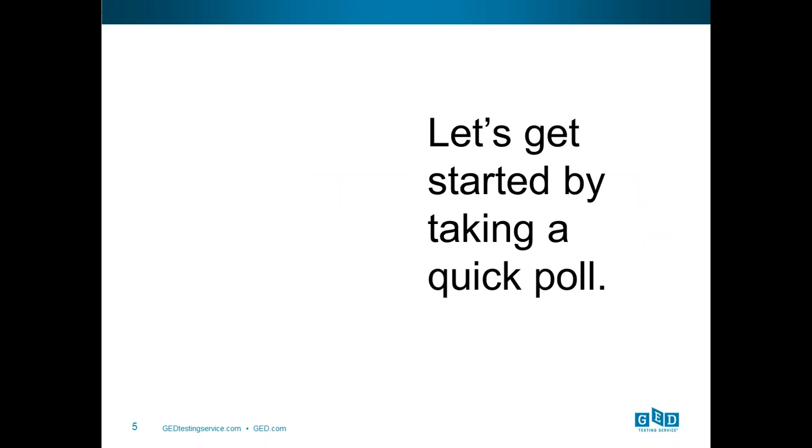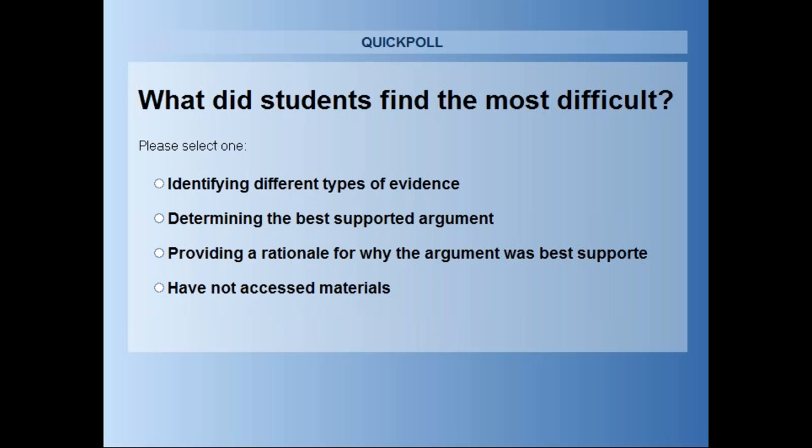Let's do another one, because even those of you who did not access the materials know that sometimes there are certain things that are difficult for our students to do when they are working on evidence or argumentative writing. So we have a few choices for you to look at as far as what your students find most difficult.